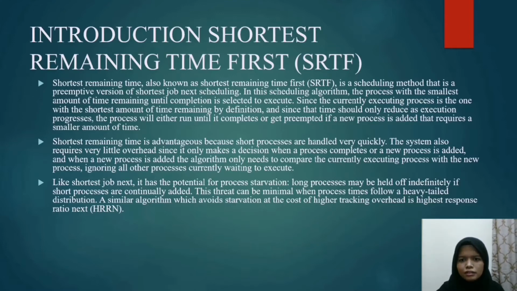Since the currently executing process is the one with the shortest amount of time remaining by definition, and since that time should only reduce as execution progresses, the process will either run until it completes or get preempted if a new process is added that requires a smaller amount of time.